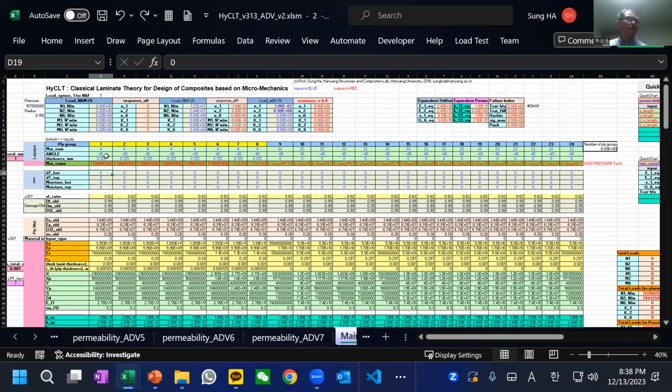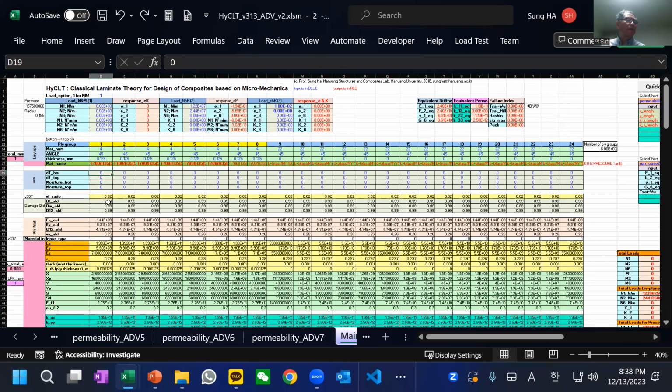What is this? Plus minus 45, plus minus 45, and so on. All plus minus 45 is symmetric. This is the biaxial plus minus 45.